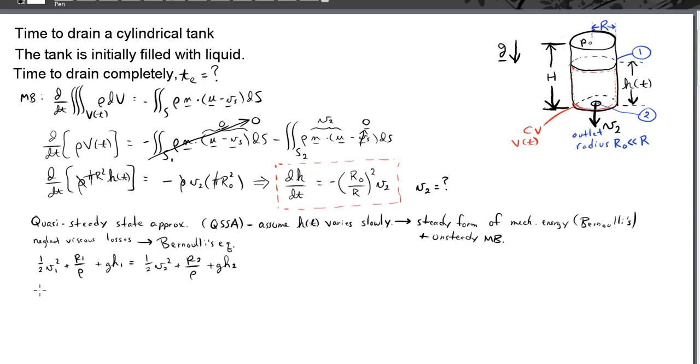So if we were to write this out formally, we would have 1/2 times (dh/dt) squared plus, what's the pressure at the top surface of the liquid? Well, from the normal stress balance, the liquid's in contact with the gas, so the pressure is just the gas pressure, P naught, divided by rho. Plus g, what's h1? Well, we'll use the bottom surface as corresponding to h equals 0, so the height of the top surface is just this h of t.